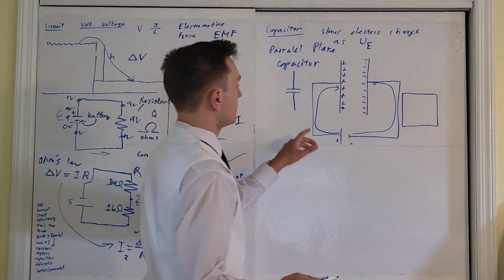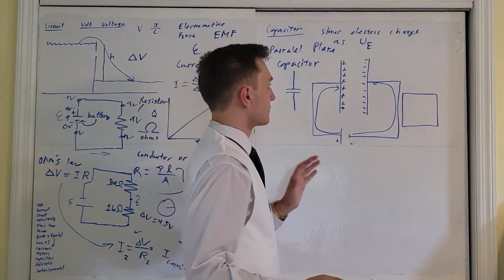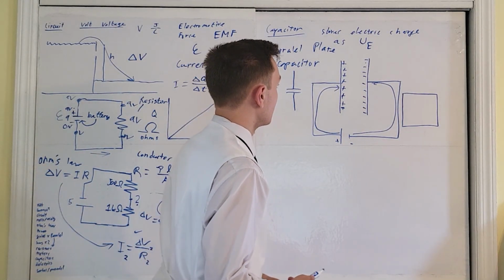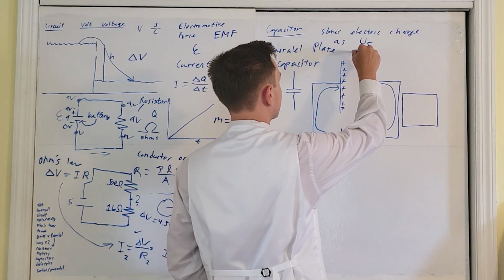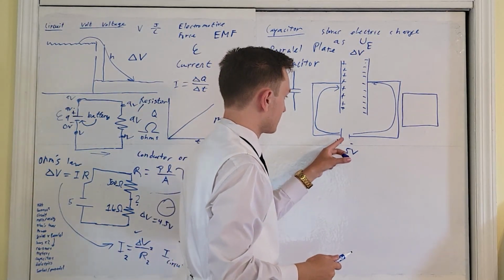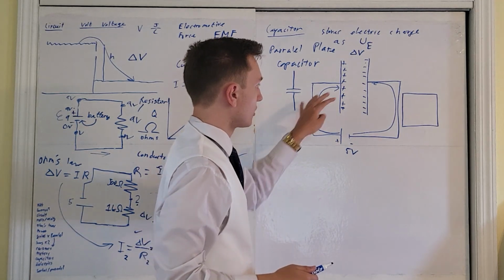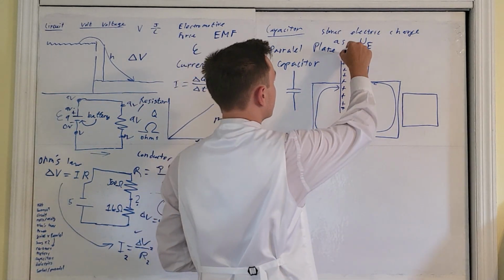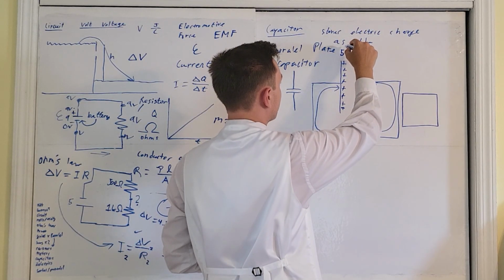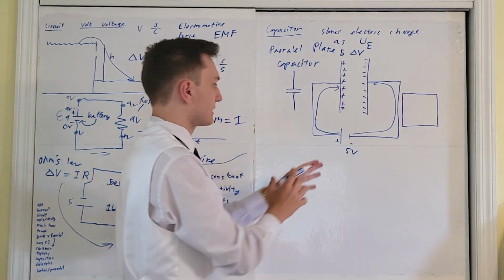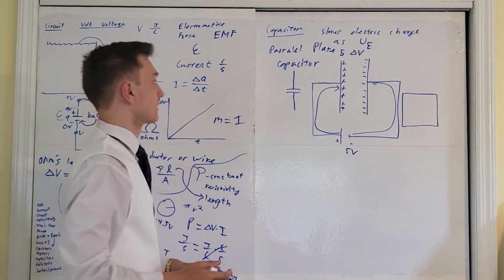And now charge will accumulate on that plate for a time until so much charge has accumulated on that plate where the plate now has a potential difference delta V. And the battery will continue to charge the capacitor until the potential difference across the capacitor equals the potential difference across the battery, right?